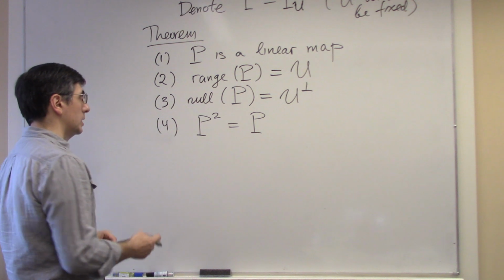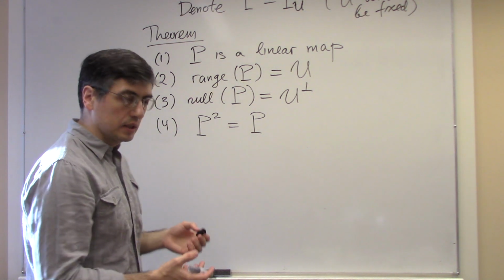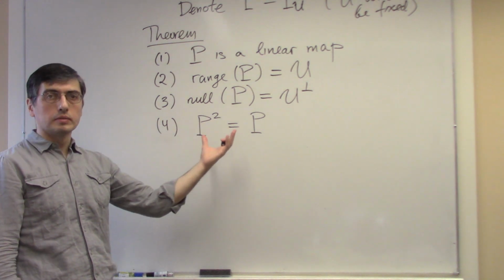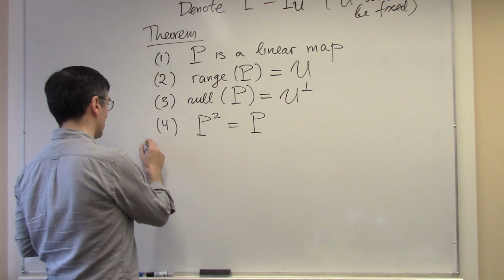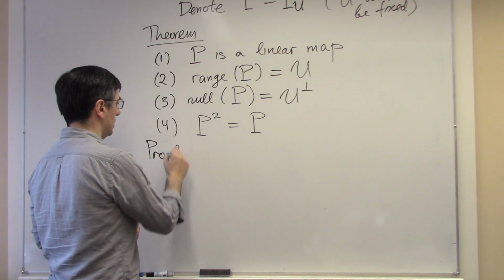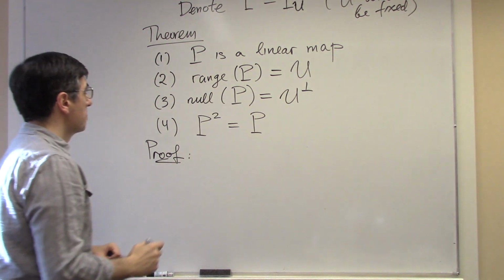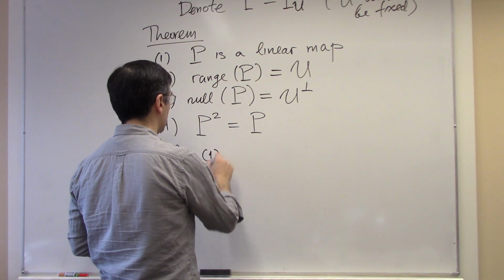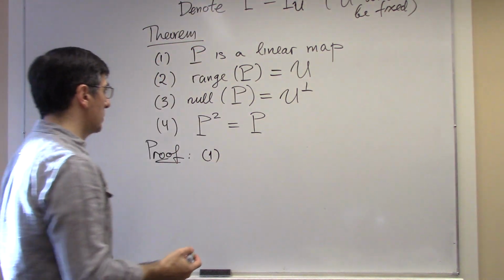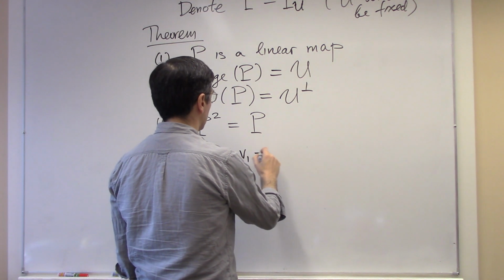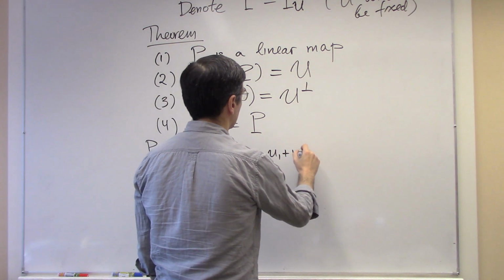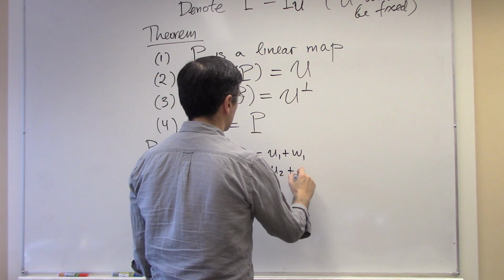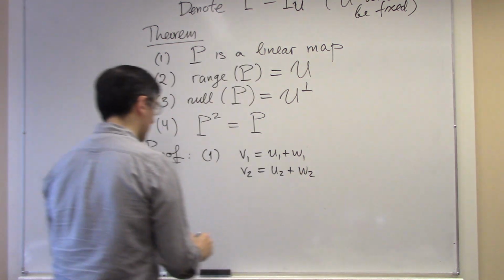All right. So the proof of this is fairly straightforward, using the definition of P. Let's see how it works. For property 1, we're trying to prove that it's a linear map. So I have v1, which I decompose as u1 plus w1, and v2 I decompose as u2 plus w2.